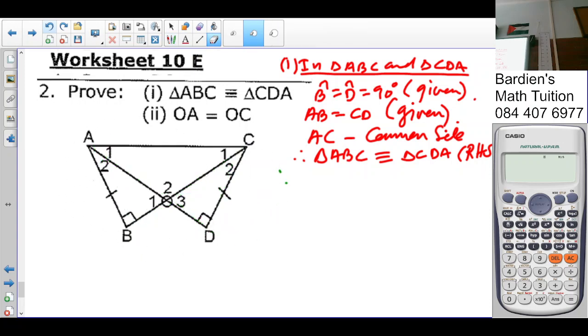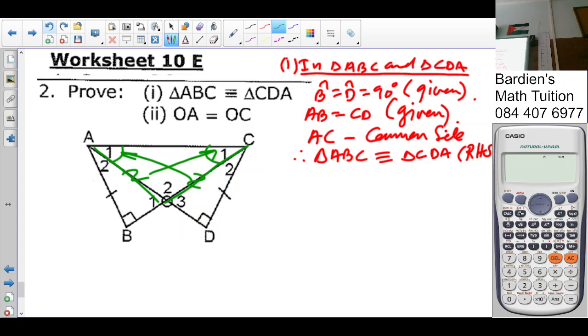Go back one step. For this line to be equal, the question is, if those lines were equal, then what can we conclude? That A1 is equal to C1. Now, in order to prove that, if we can prove that C1 is equal to A1, then OC has to be equal to OA.